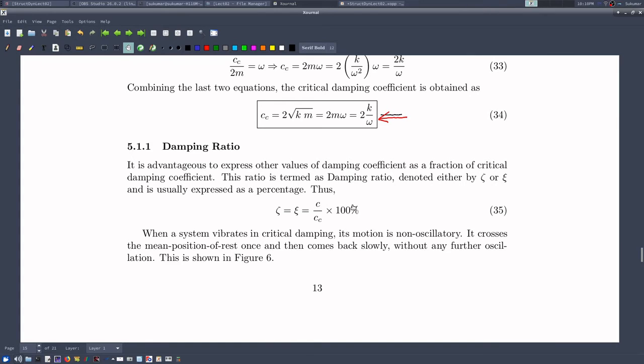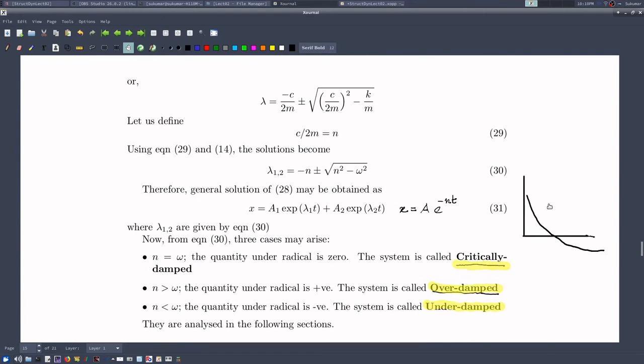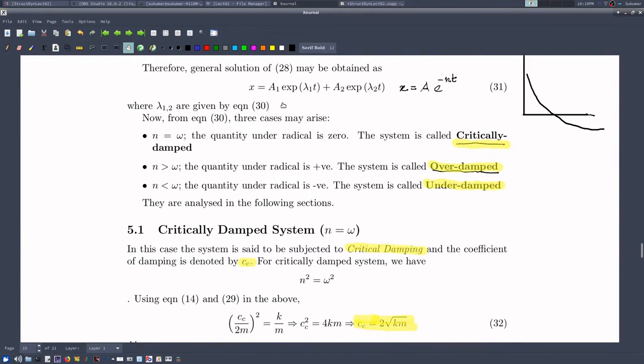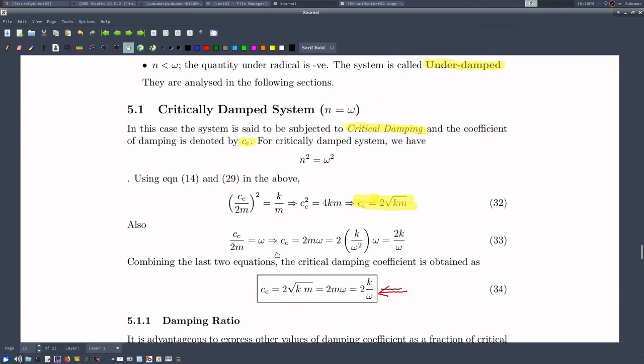If I have this damping ratio as 100%, that means my system is critically damped, because C is equal to Cc in that case, and its motion will be non-oscillatory. It will cross the mean position of rest only once, and gradually it will come back to its original position as we have drawn here. So this is how a critically damped system will vibrate.